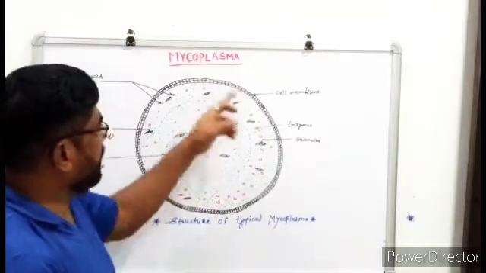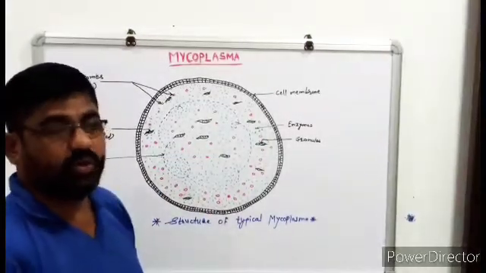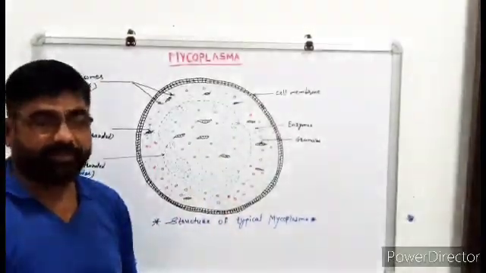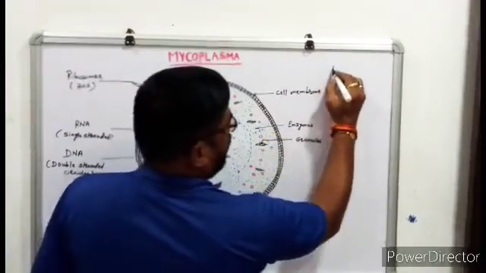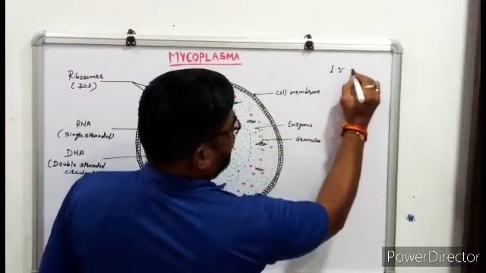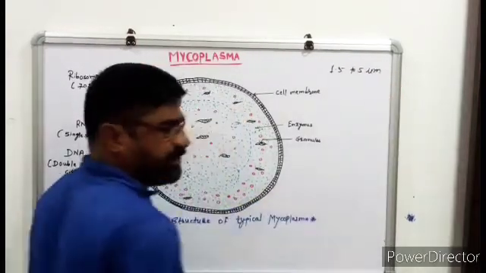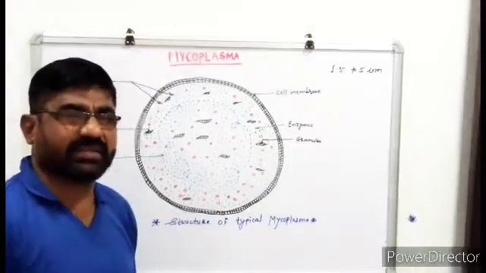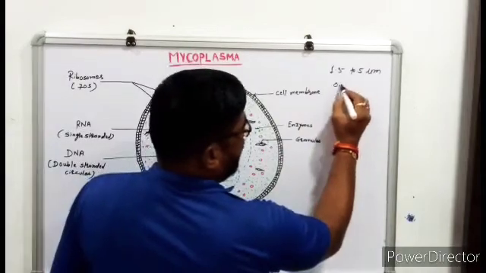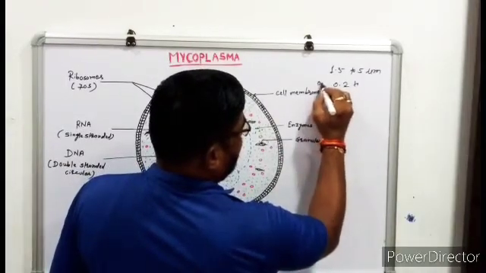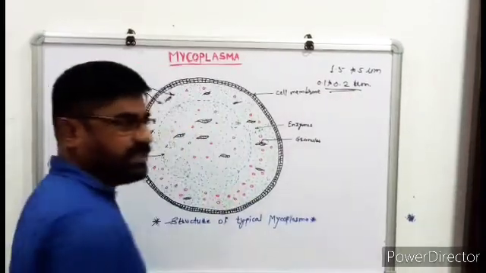Like in the mycoplasma, there are hundreds of species. There is one kind of bacteria that is very small. In bacteria the size is 1.5 to 5 micrometers, but the mycoplasmas are from 0.1 to 0.2 micrometers in length.